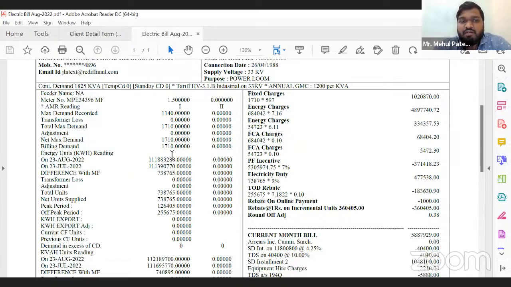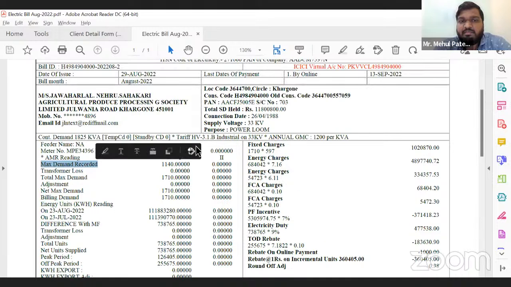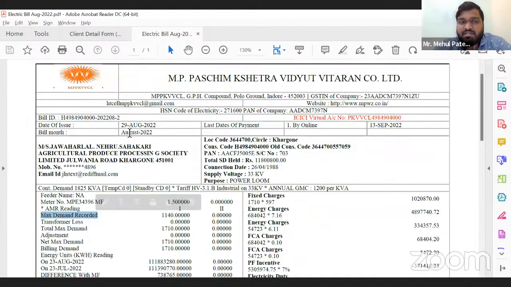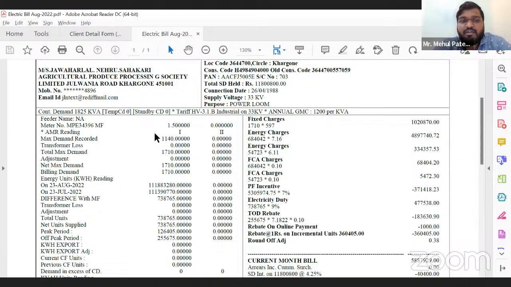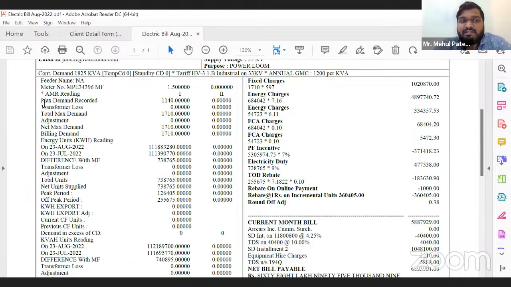On the left side, the maximum demand recorded for this month, August 2022, in the meter is 1140 kVA.